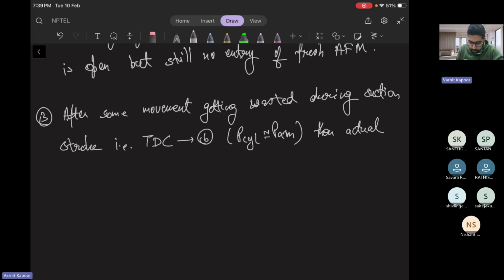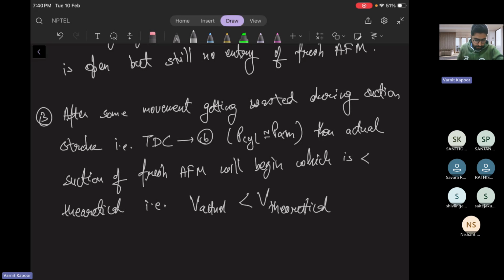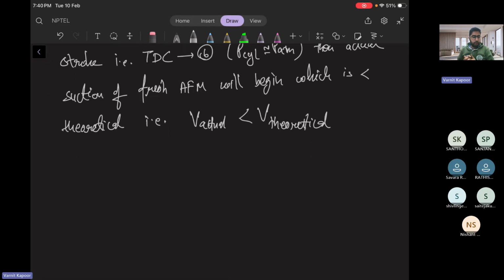Then actual suction of fresh air fuel will begin, which is less than the theoretical. That is, V actual is less than V theoretical. And from here the concept of volumetric efficiency came.